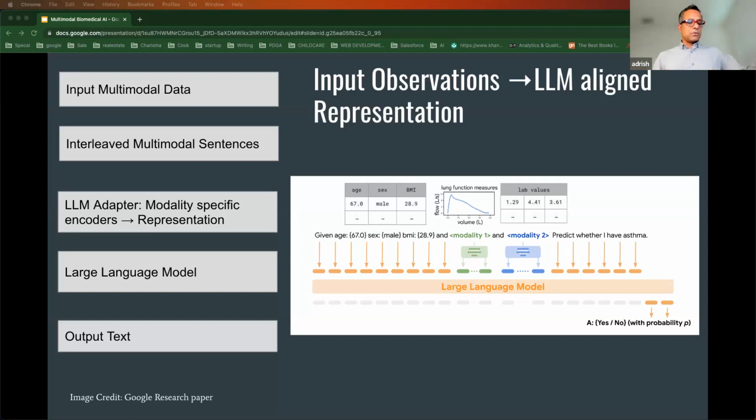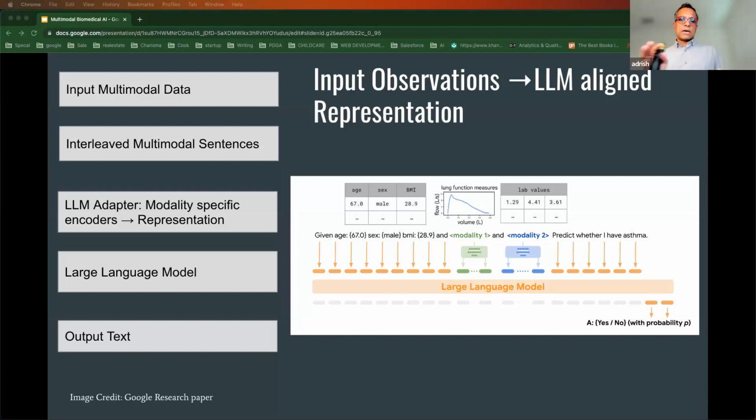And of course, if you interleave images, the image will require, at least at this time, a different encoder to extract features, but then you map everything back to an embedding space where image and text and video and everything has the same dimensionality that can then fit into a pre-trained language model. And then after that, it can go and create the output.